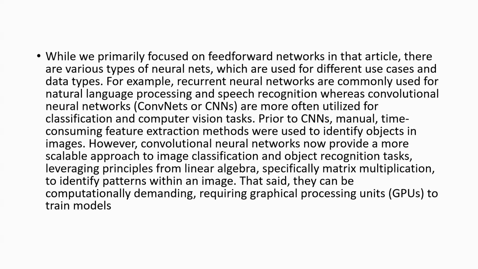However, convolutional neural networks now provide a more scalable approach to image classification and object recognition, leveraging principles from linear algebra, specifically matrix multiplication, to identify patterns within an image. That said, it can be computationally demanding, requiring a graphical processing unit, GPU.